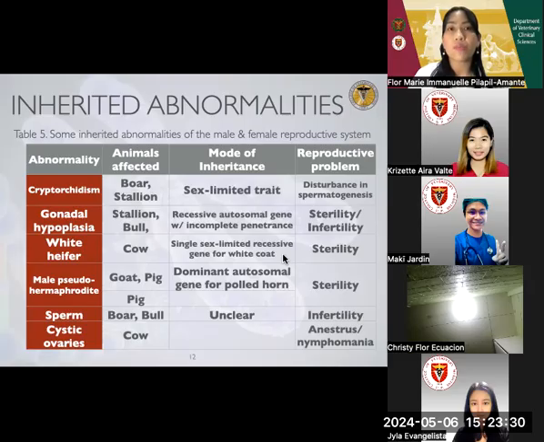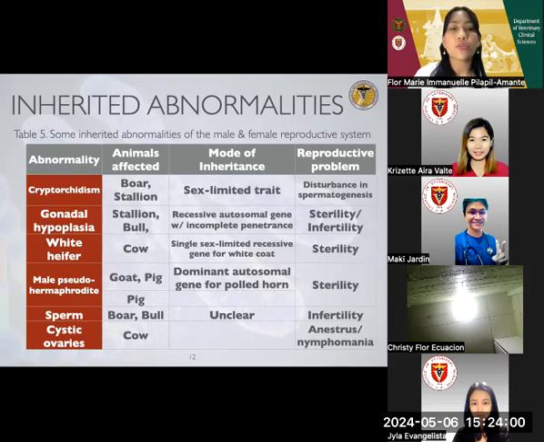Let's say one segment or one uterine horn is not normally large. It is rudimentary, okay, or one ovary is missing. So these are your variations for your white heifer syndrome. And this could lead to sterility, especially if both left and right sides of the uterus are affected.